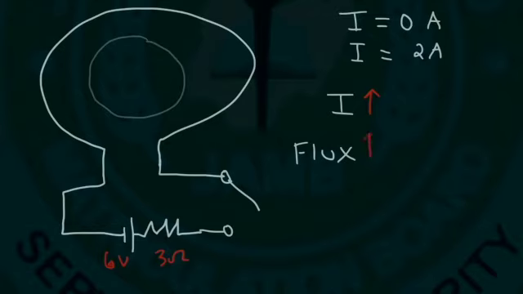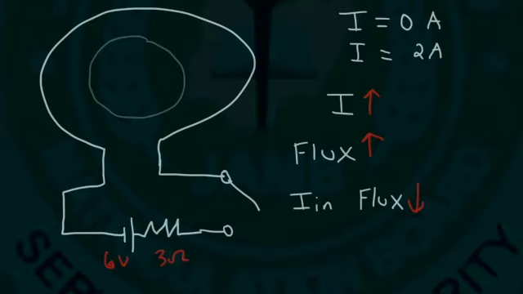And if the flux is increasing, according to Lenz's law, the induced current will create a flux that opposes the original change in flux. The flux is increasing, so the induced current will create a flux that will try to oppose the other one, so it's going to be decreasing.